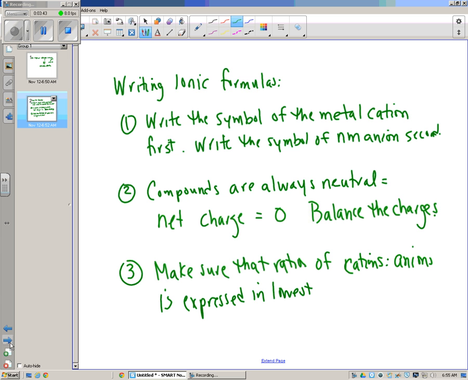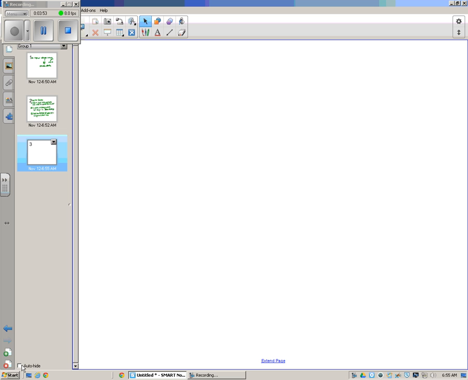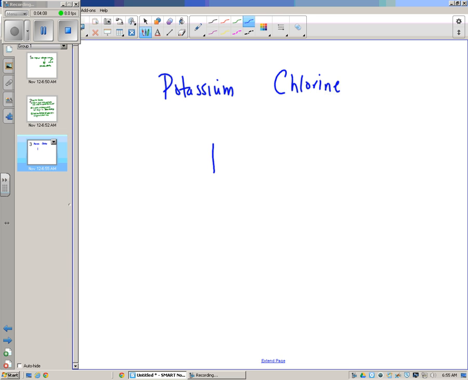Let's do an example. Okay? So, we are going to pick a metal and a nonmetal from the periodic table. We're going to pick potassium and chlorine. Okay, the first thing we do is we write the symbol for the metal. Second thing we do is we write the symbol for the nonmetal.